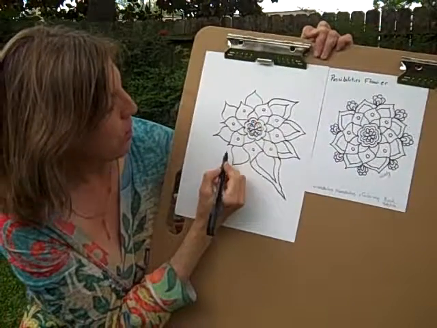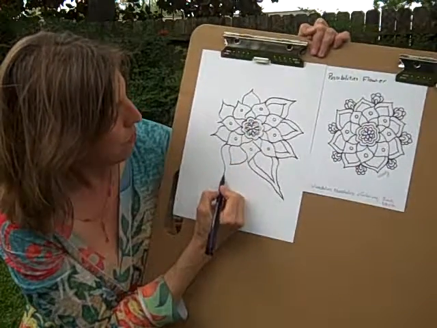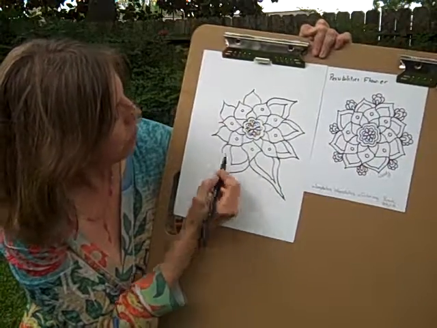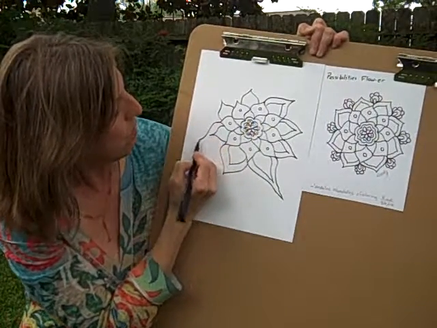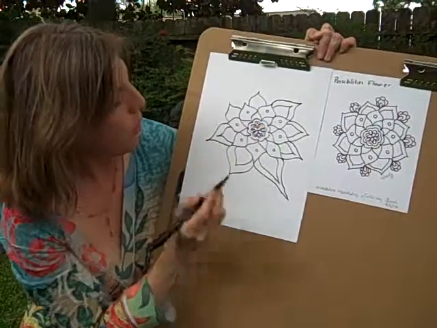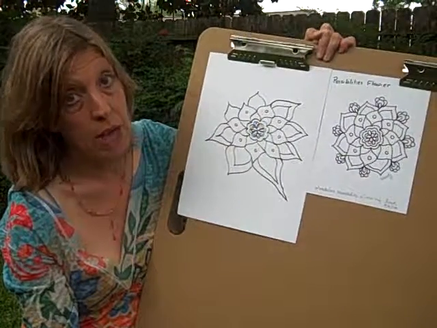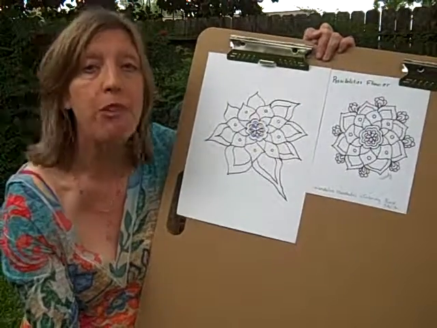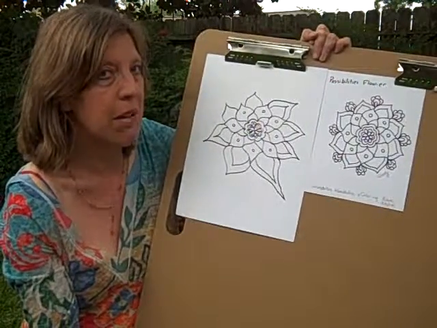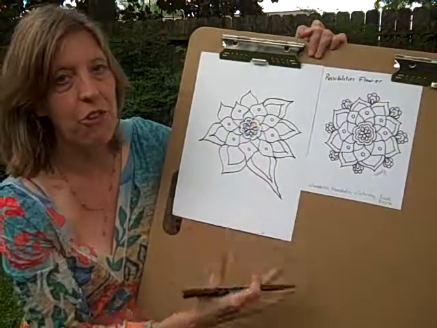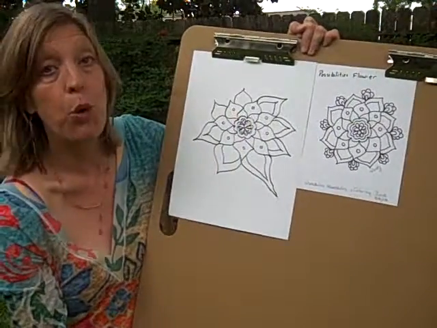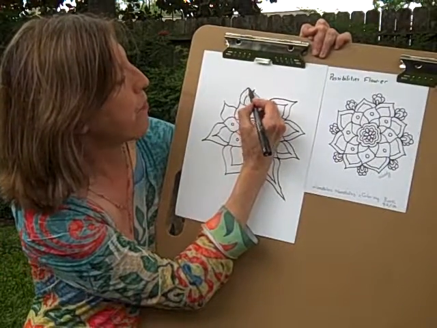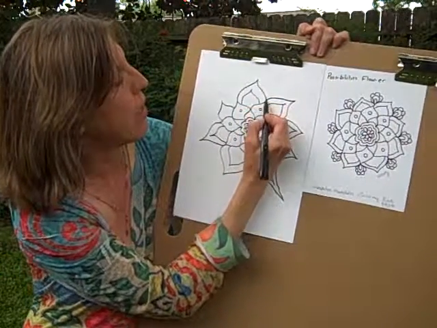Oh, that's fun. As you can see, creating the same exact mandala is not so easy. Perhaps if I was sitting down at my desk and drawing and not holding this giant drawing board, it would be a little bit easier. But it's okay.